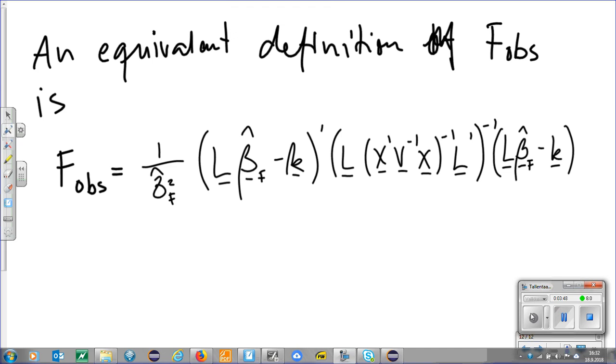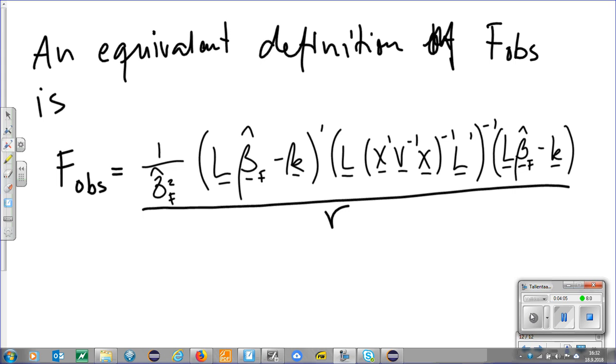Sorry, I'm missing the denominator r here. The benefit of this formulation is that this does not require estimation of the restricted model at all, but we can base it only on the beta coefficients of the full model and the residual standard error of the full model.